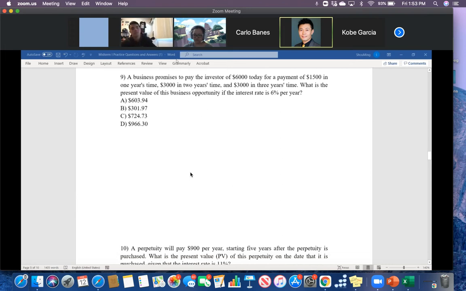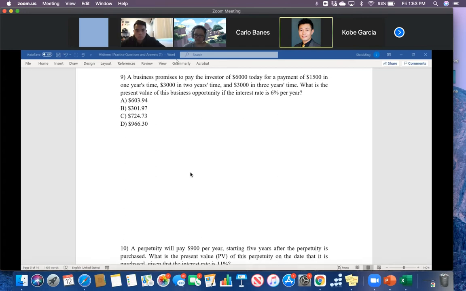So question 9. A business promised to pay the investor 6,000 today for a payment of 1,500 in 1 year's time, 3,000 in 2 years' time, and 3,000 in 3 years' time. The question asks us, what is the present value of this business opportunity given the interest rate is 6%?